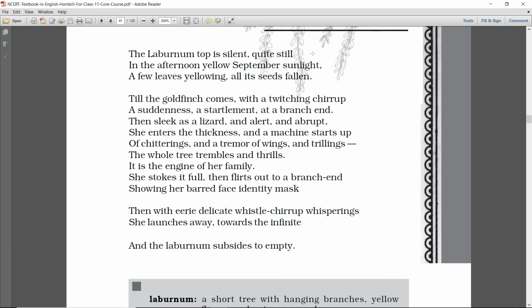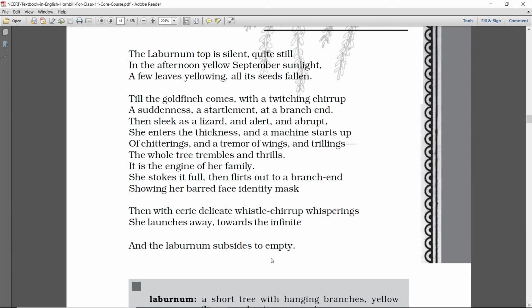In the beginning, the tree is silent and still, but after experiencing the company of the small little goldfinch, now when the goldfinch departed, the tree feels emptiness within. It misses the goldfinch and some kind of void is created in the tree.